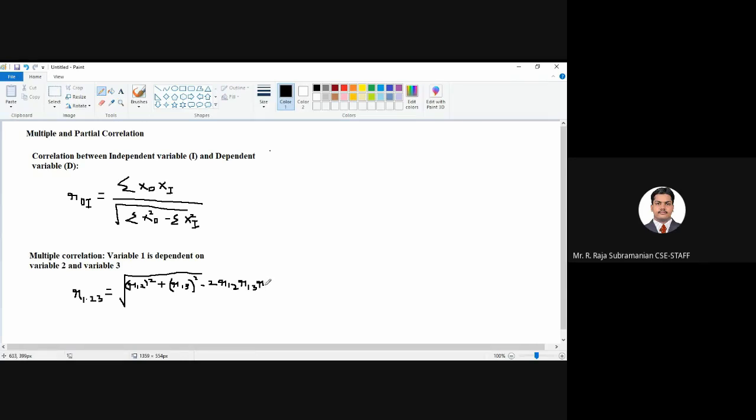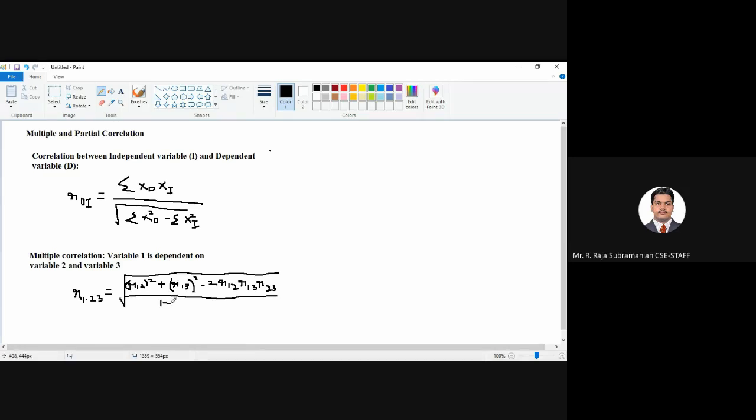We have a derivation for each of these formulas, which is not our direct point of interest. So we have R12 the whole square plus R13 the whole square minus 2 R12 R13 R23, the individual correlation parameters, whole divided by 1 minus R23 the whole square.